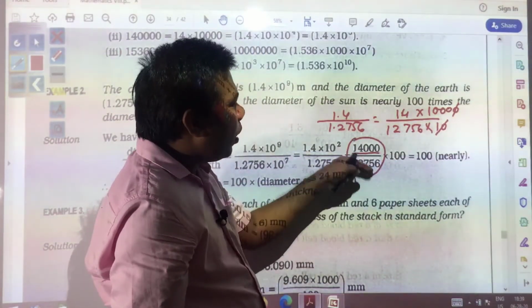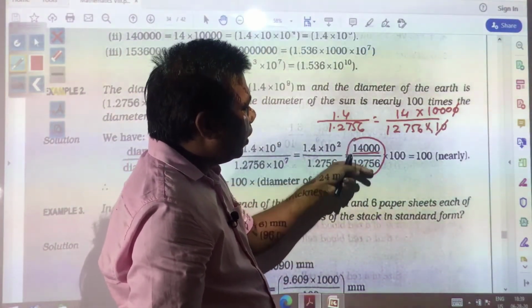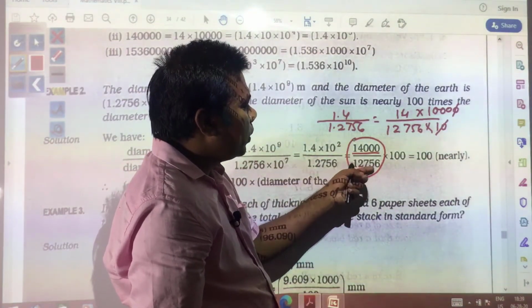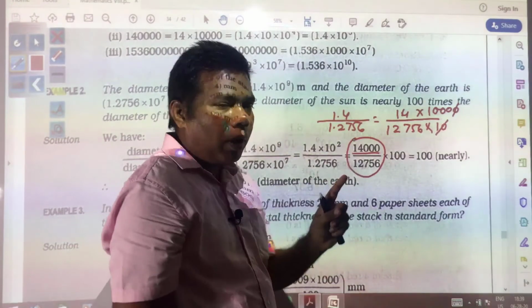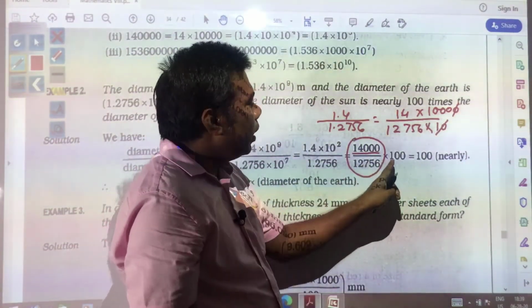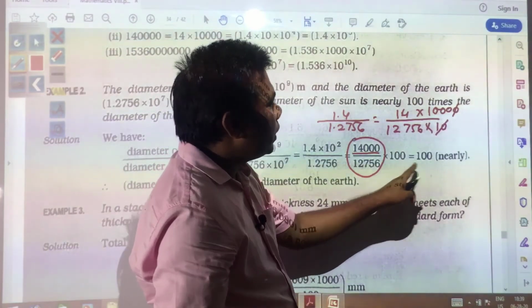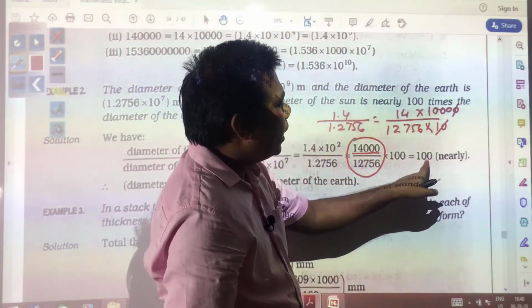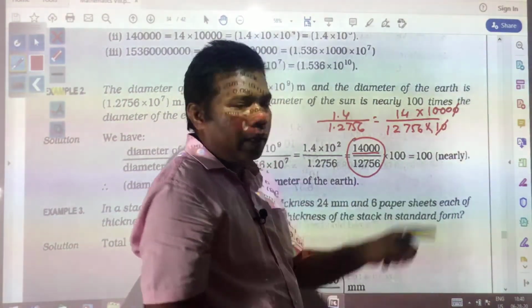It means approx it will be near to 1. If it will be cancelled, approx to 1 it will come, into 100 means around 100 or about 100 you can say, and that is why it has been written nearly 100.